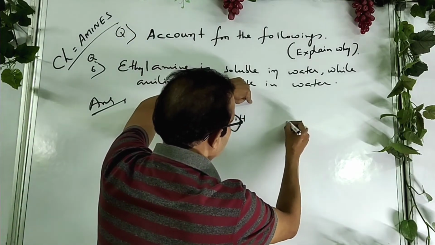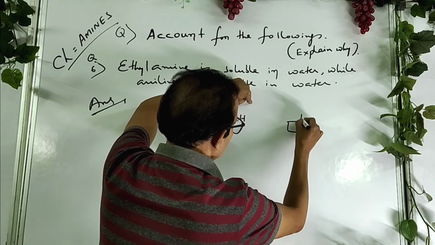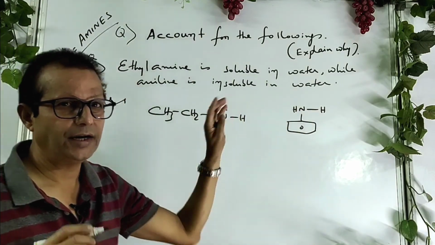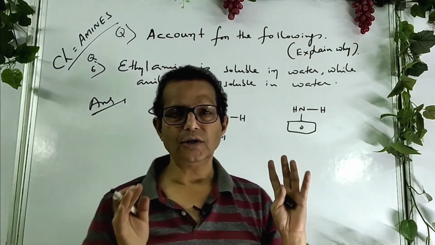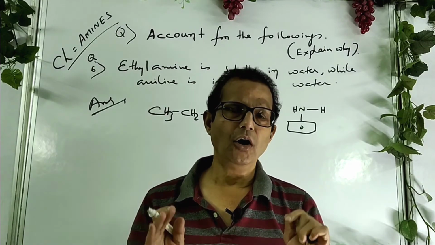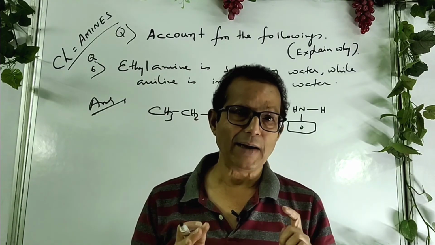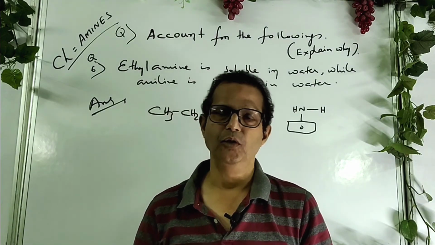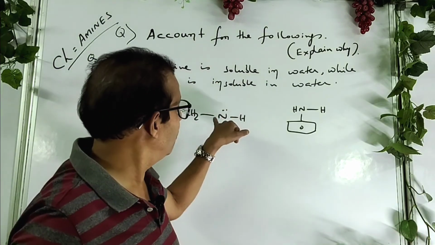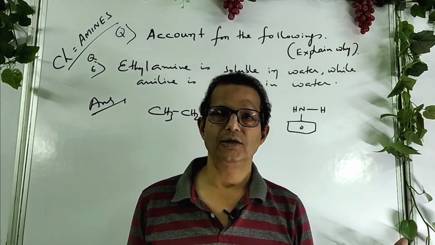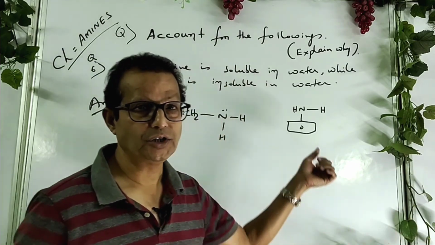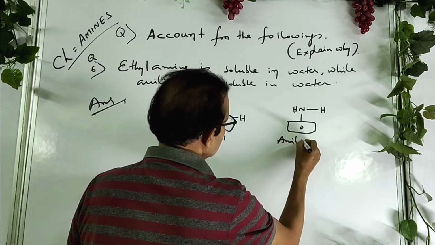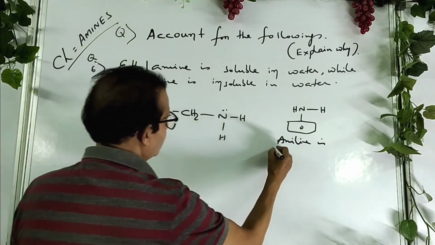Both have a nitrogen hydrogen bond, and you know that if any compound contains a nitrogen hydrogen bond or oxygen hydrogen bond, it is capable of forming hydrogen bonding with water and is easily soluble. But the question is that both can form hydrogen bonding with water, so both should be soluble in water, but aniline is insoluble in water.